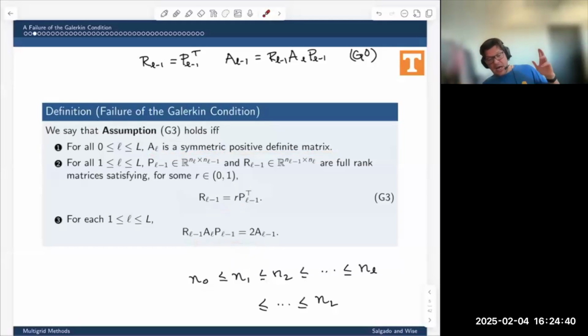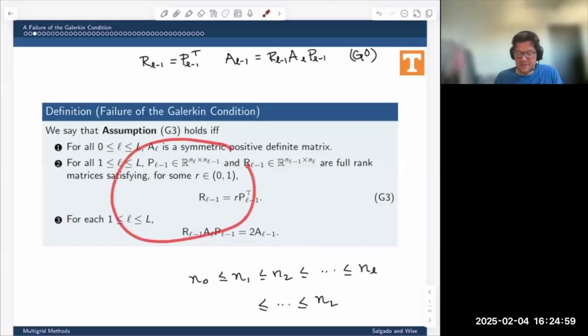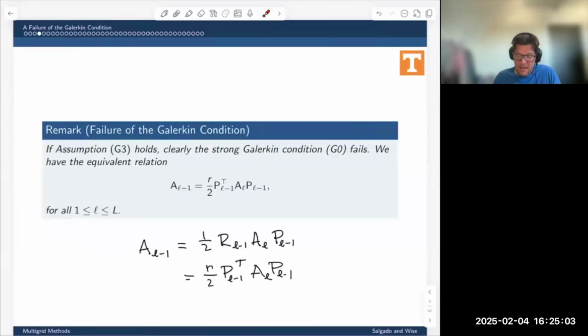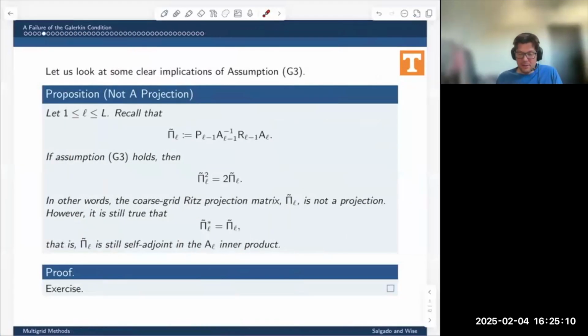Now, you could say I have a family of symmetric positive definite matrices, and they have to satisfy these two conditions. But it turns out then that AL minus 1 is not symmetric positive definite, or is only symmetric positive definite in certain cases. Well, that would contradict the generality of this definition. But as it is, we're not contradicting that because it's clear that this matrix has to be symmetric positive definite. Okay? But we fail to have the Galerkin condition.